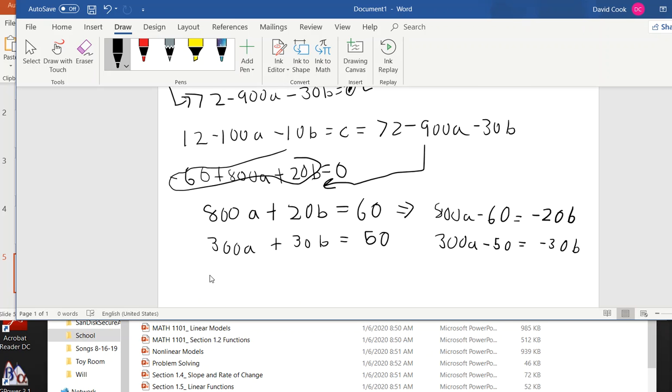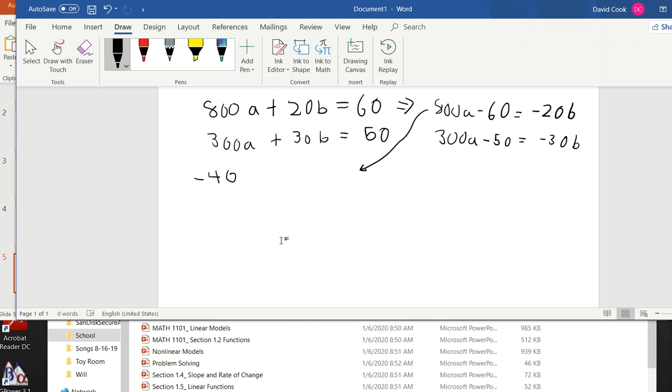Okay? So now for this first one, I'm going to divide by 20 everywhere. So 800 divided by 20 is 40. Let me just write it out so that way it's very clear. 800A minus 60 equals negative 20B, and I'm going to divide by negative 20 everywhere.